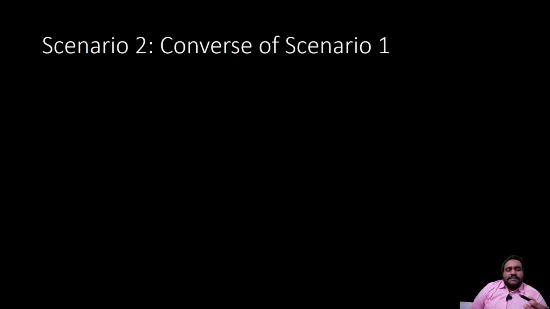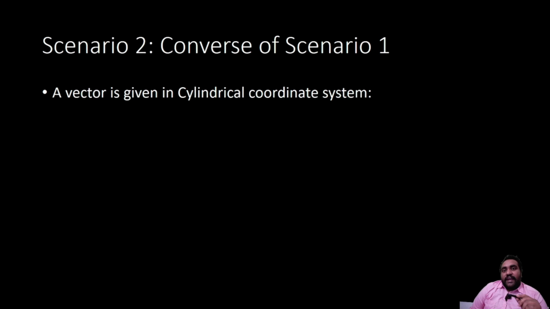Consider a scenario 2, which is the converse of scenario 1. In this scenario, a vector will be given to you in the cylindrical coordinate system, and you are requested to express the same vector in the Cartesian coordinate system.